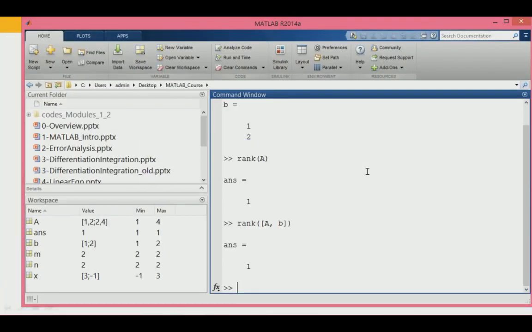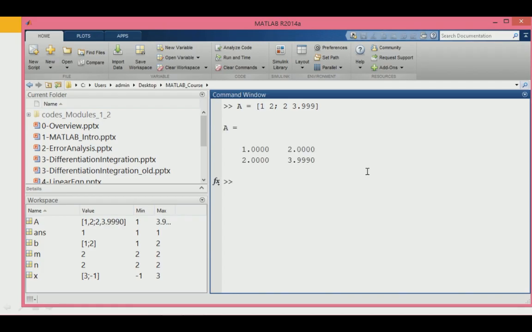Okay. So, let us look at the condition number of A when A was defined as [1 2; 2 3.999], that was our A matrix. We will use the command COND in order to find the condition number of A, and COND A is approximately 2.5 into 10 to the power 4, which is approximately 25,000.